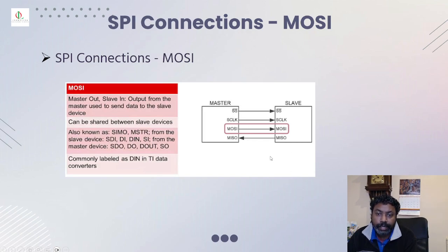In Texas Instruments and some other microcontrollers, you will hear this under different names: from the slave device it's called device in, DIN, and SI, and from the master device it's called data out, D out, and serial out. That's serial in, serial out. So it's commonly labeled as data in on TI data converters.